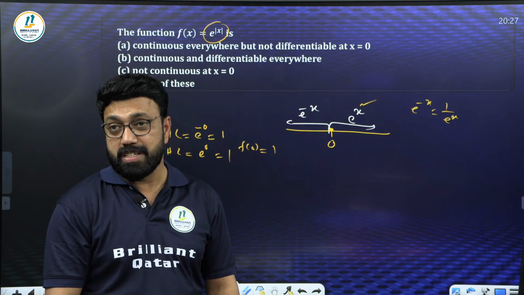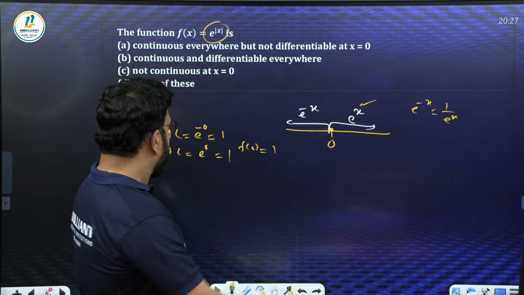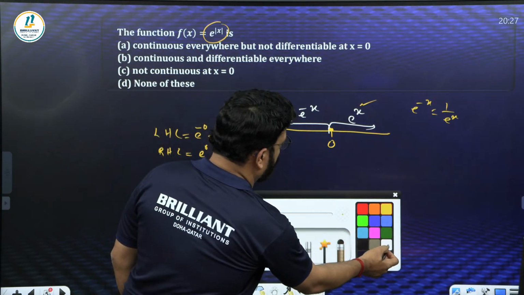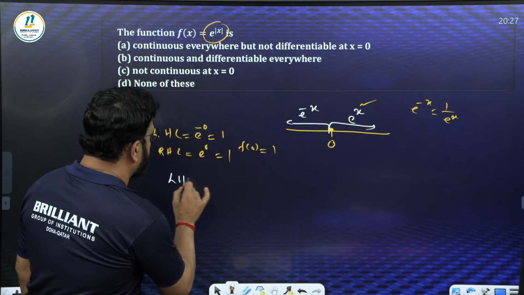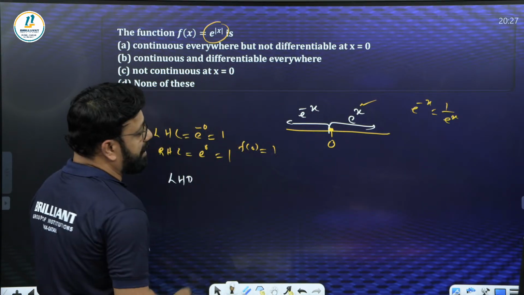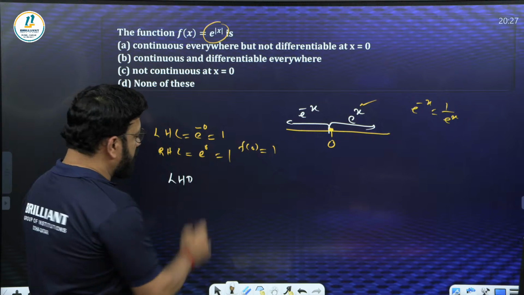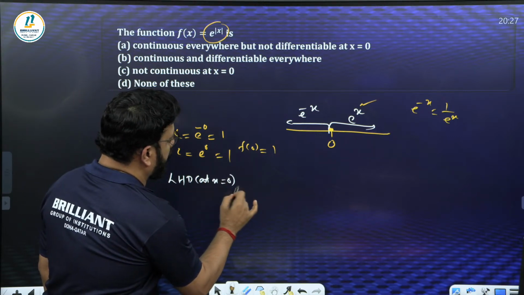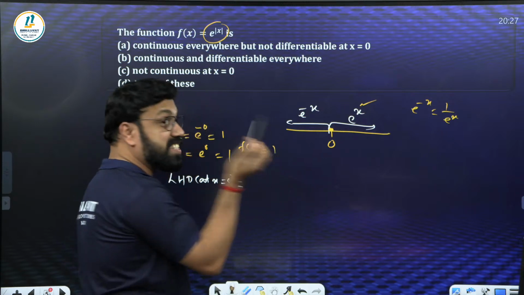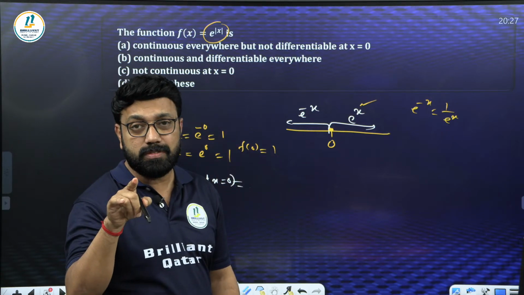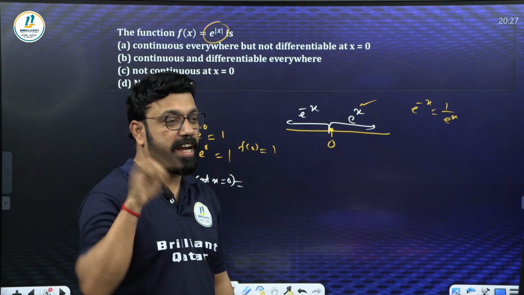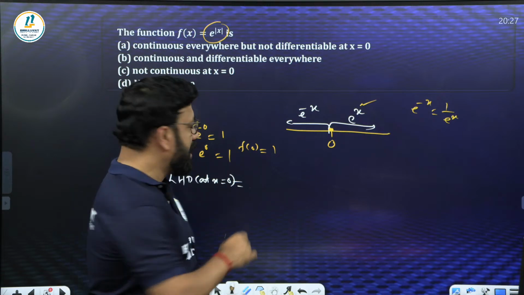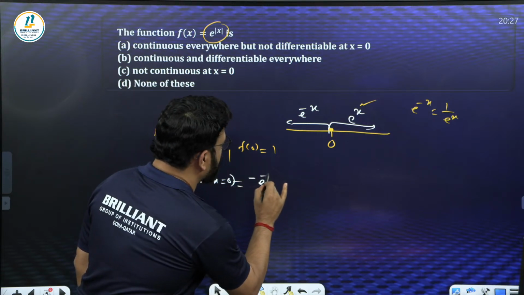Next, you want to check the differentiability, right? Same idea I told from the first. LHD at x equal to 0: what's the derivative? The derivative of e raised to x is e raised to x itself. The derivative of e raised to negative x is negative of e raised to negative x.